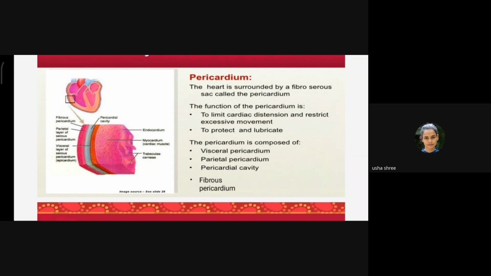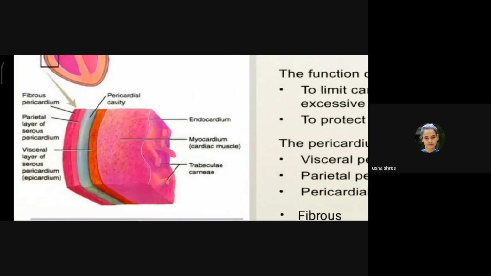Just behind the pericardial cavity, epicardium is there, and after epicardium, myocardium is starting. So epicardium is the end portion of the pericardium.